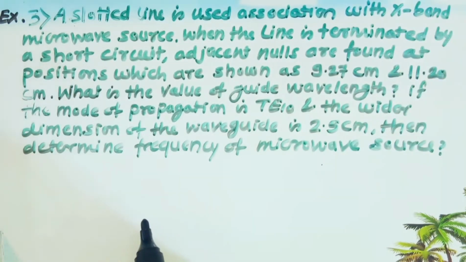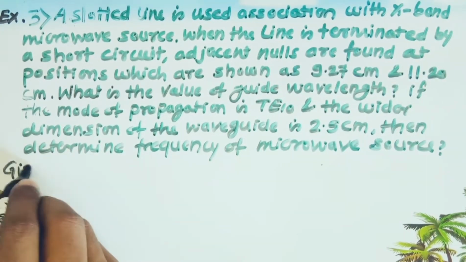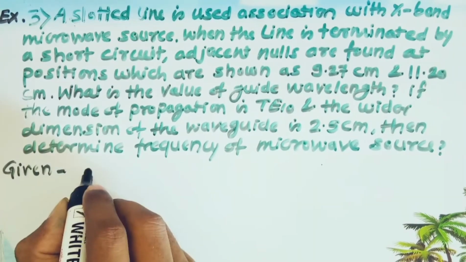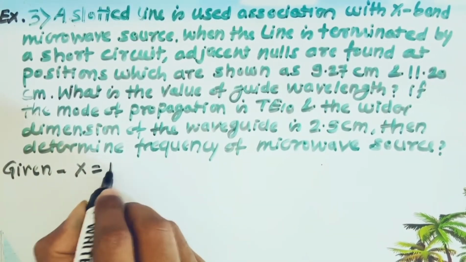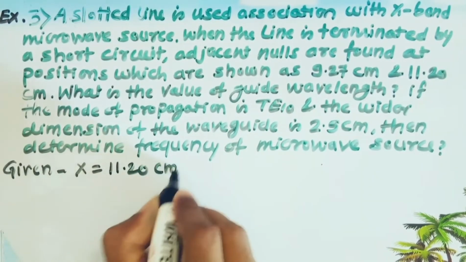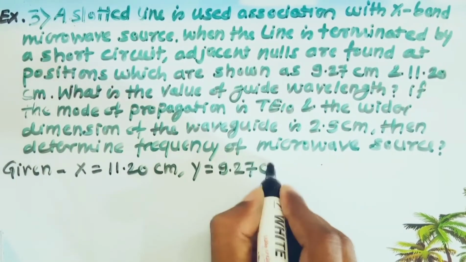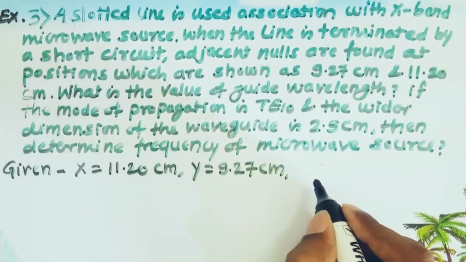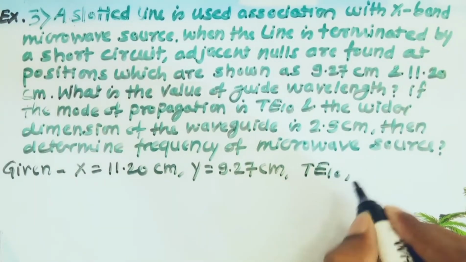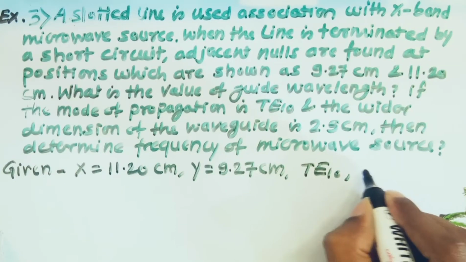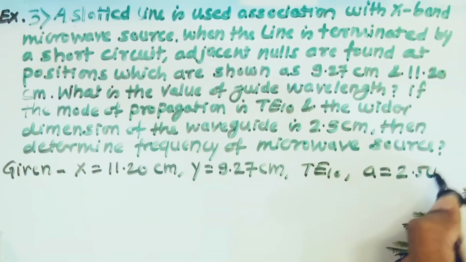First we are going to write the given quantities. The null points are given, that is x equals 11.20 centimeter, y equals 9.27 centimeter. Then a T10 mode is given, and the wider dimension of the waveguide is given, that is a equals 2.5 centimeter.